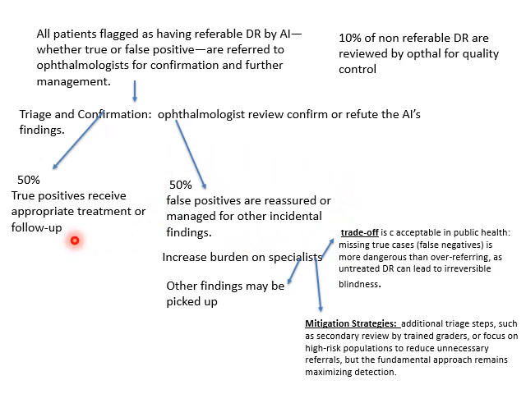Naturally, it will increase the burden on the specialist, but they can pick up other findings. Number one, it's a small trade-off. This 50% over-positive, false positive, is acceptable in public health. Missing true cases is more dangerous than over-referring, as untreated diabetic retinopathy can lead to irreversible damage.